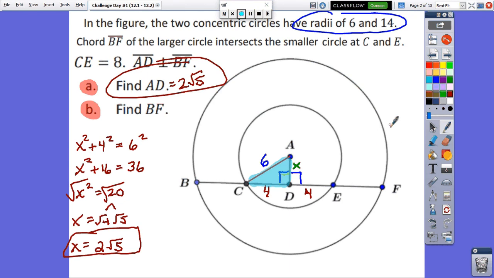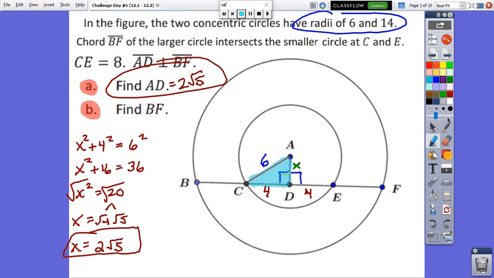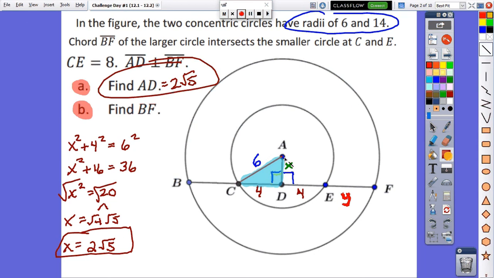Now, for BF, we know at least BF has a length of 8, because from C to E is 8. We just need to figure out those two pieces. Now, one thing you might consider doing is putting in a new variable and saying, well, let's call this piece Y, and let's draw in a new radius.